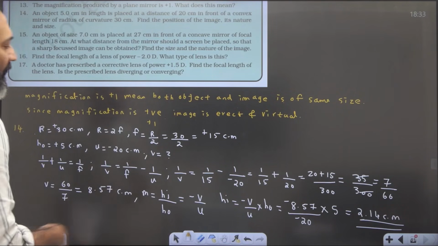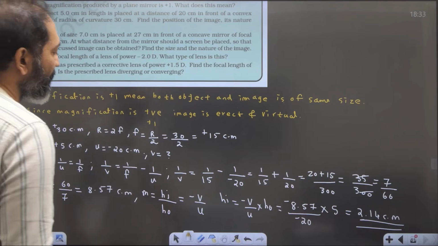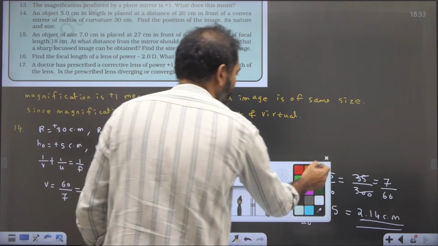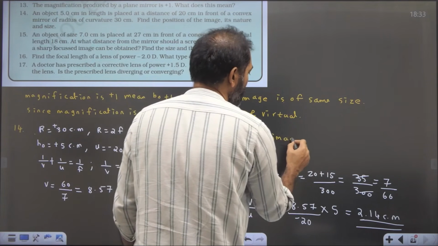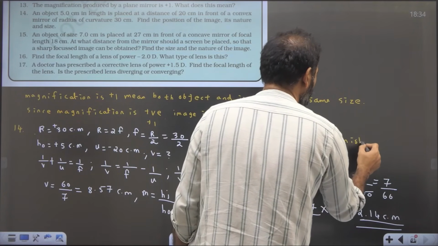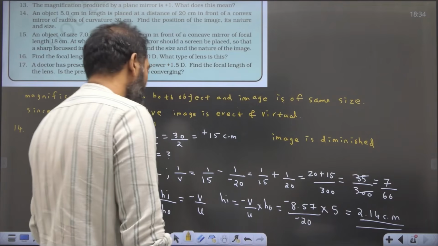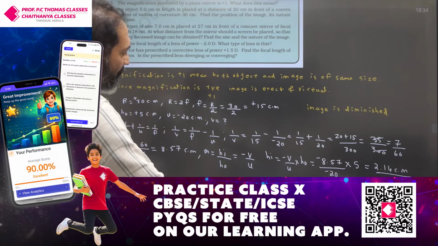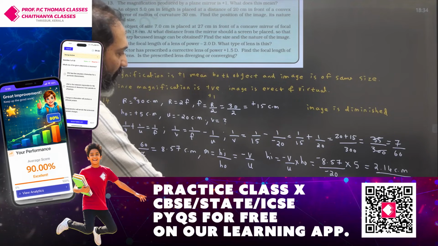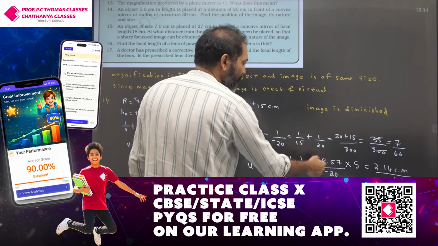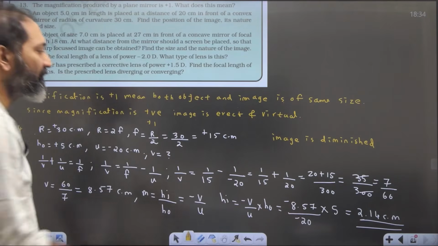So the image size is reduced. The image is diminished. And what kind of magnification do we have? Magnification in a mirror is minus V by U, and our answer for minus V by U is positive, since both are negative and the minus sign goes away.